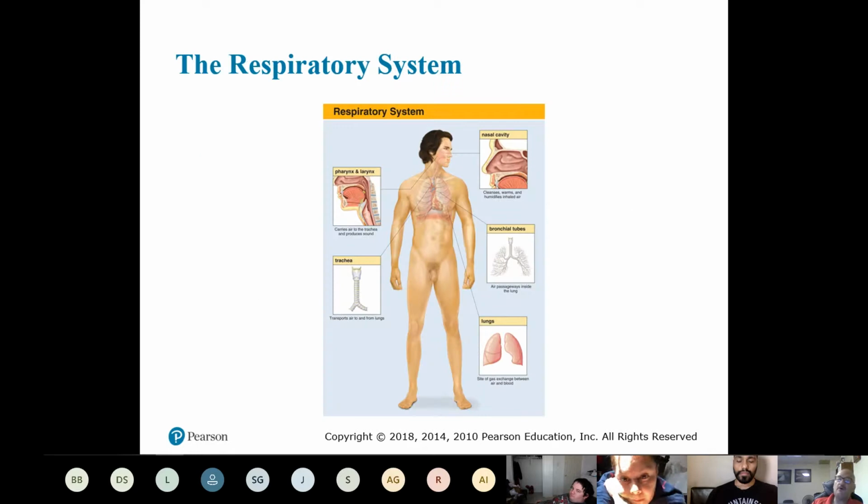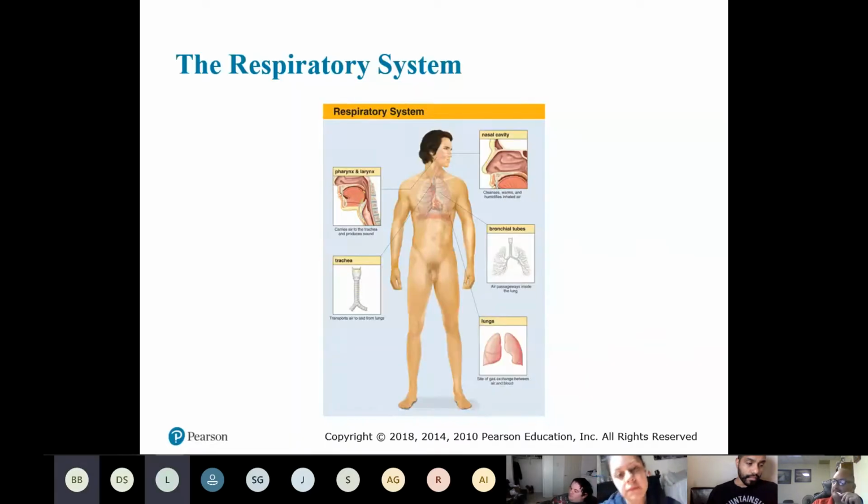So as far as the components of the respiratory system, what are they? Lungs, throat, esophagus? No, that's not the respiratory system. Trachea? Okay. Brian, you mentioned the throat, but there are other parts of the throat. Part of it is the trachea. You've got the larynx.